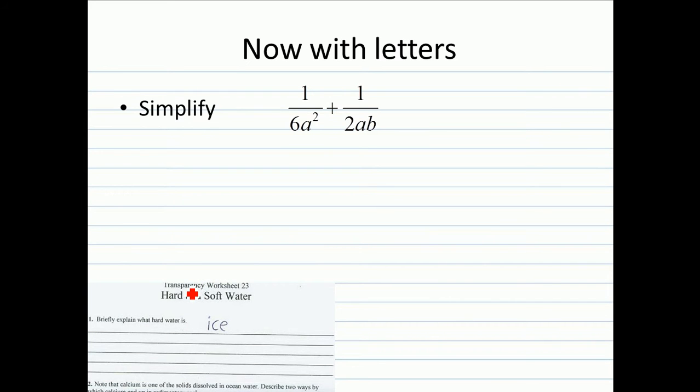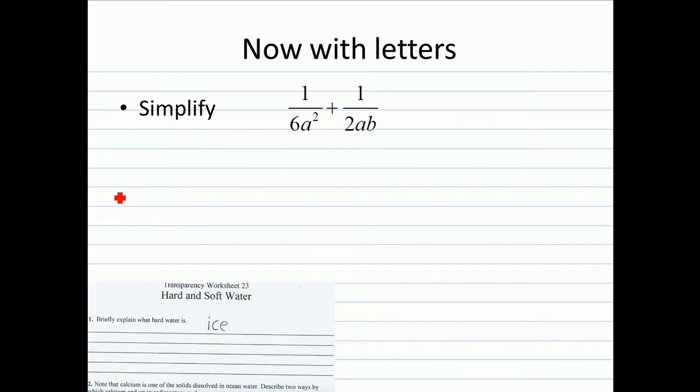However, when we start using variables, hopefully the same idea can come across to us. If we can make these denominators the same, then we can add the fractions. However, it's hard to see with this right here what our lowest common denominator is going to be.